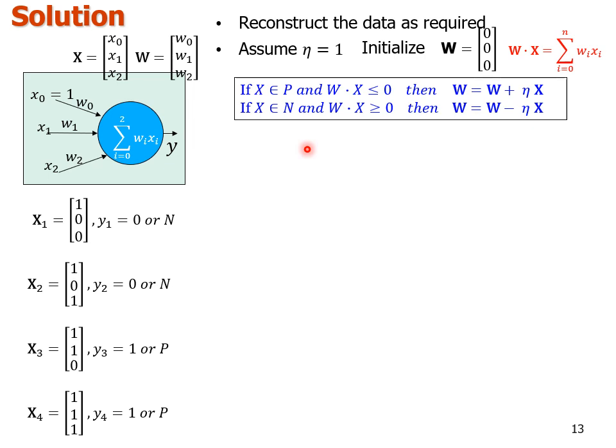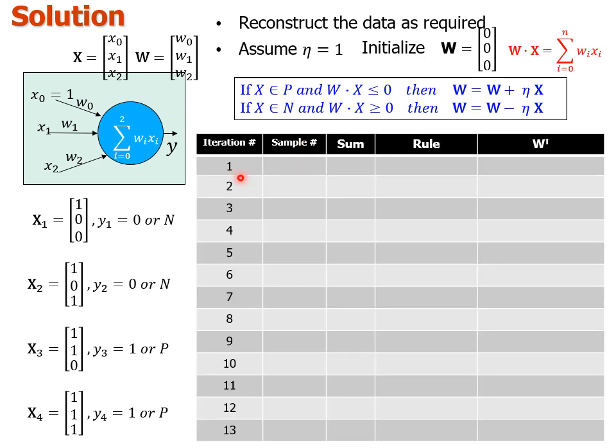In the first iteration, we are presenting the first sample x1 that belongs to class N, or negative sample. If we compute the sum w dot x1, here w is initialized to 0, 0, 0 and x1 is 1, 0, 0.